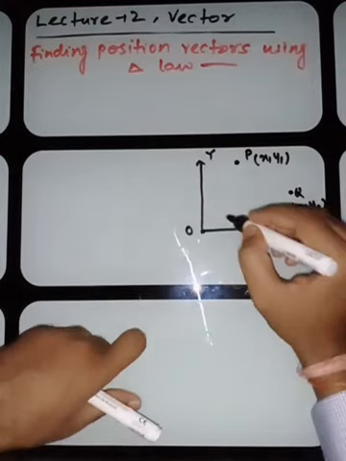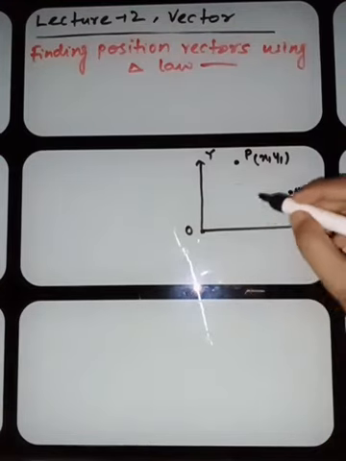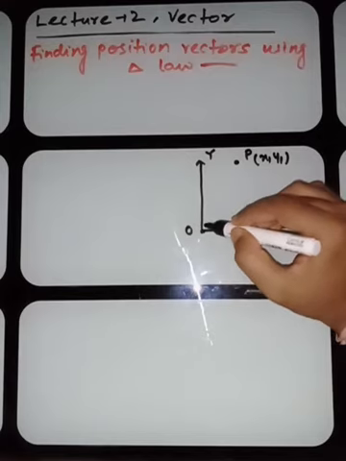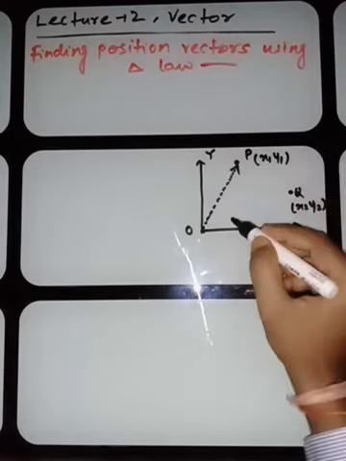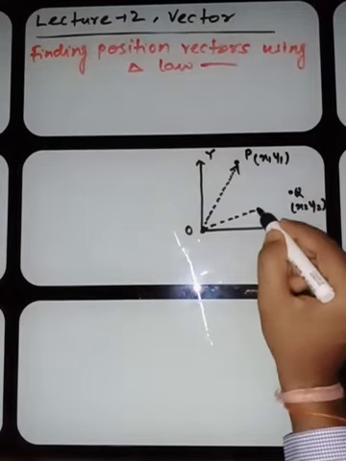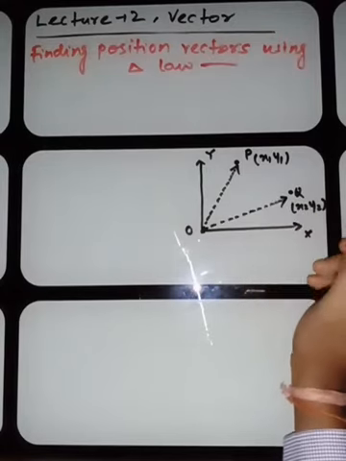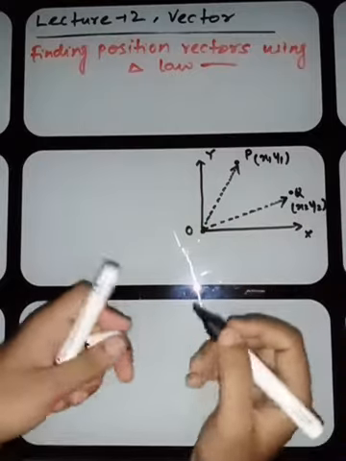To move from the origin to point P, let me draw a vector OP, and this is a vector OQ. This is OP and OQ.